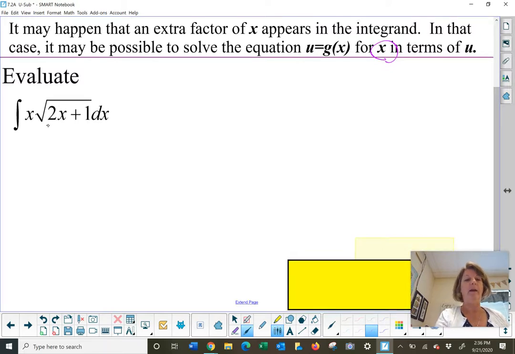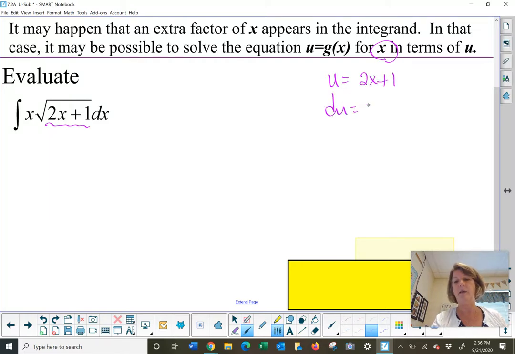All right, we look at the more complicated function, and the inner part, the g of x, is 2x plus 1. So my gut feel from u substitution is let it be that inner function, and I get du is equal to 2 dx. Not super helpful. 1/2 du is equal to dx.